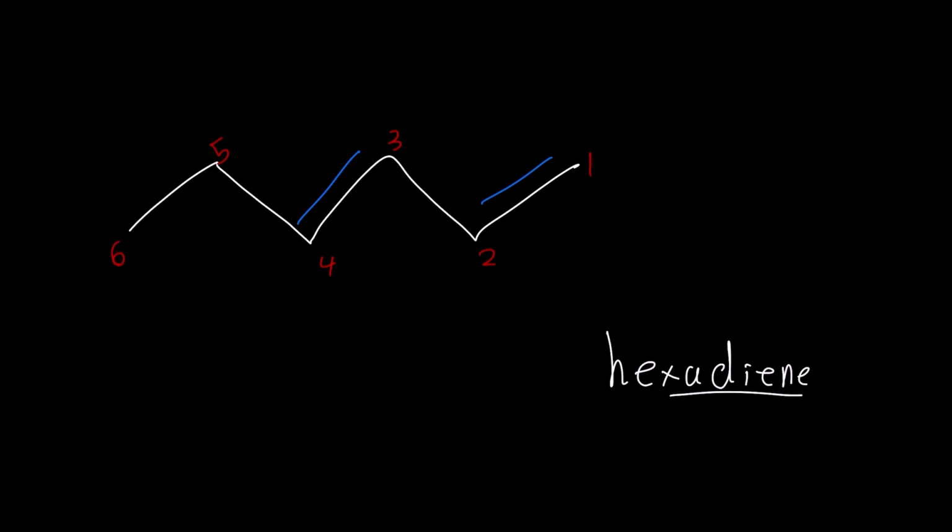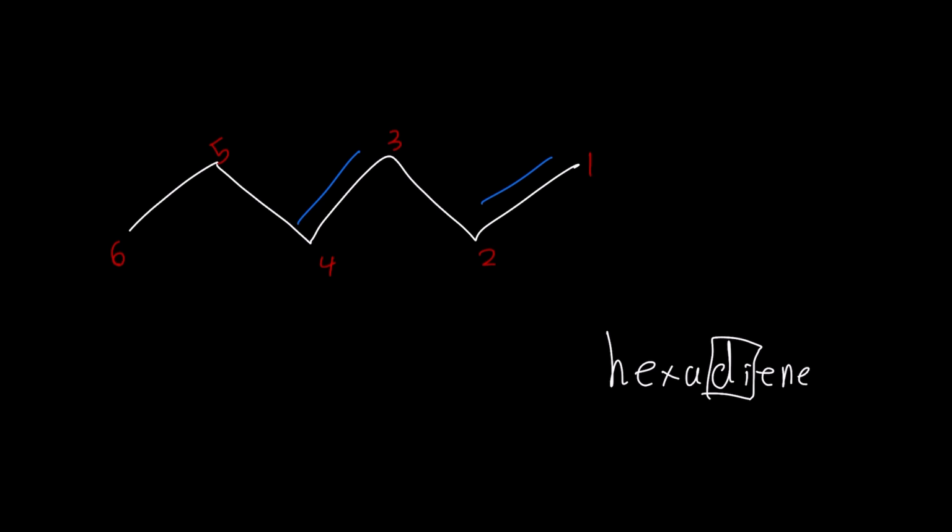Let's go over this next example where we have 2 double bonds in the same compound. How do we name this one? So once again, we want to always start by counting the carbons. And we have 6 carbons in this case, which would be associated with hexane. However, since we have 2 double bonds, this is going to be hexadiene. That's going to be the suffix. Hexadiene.